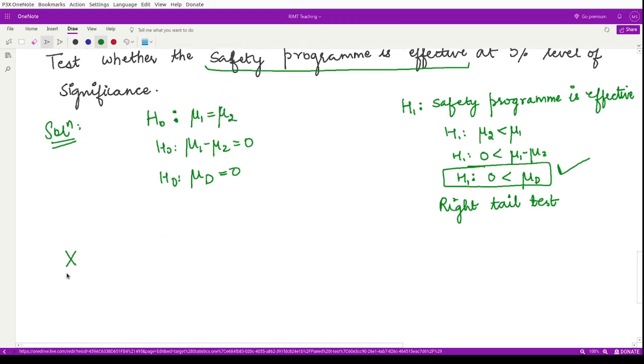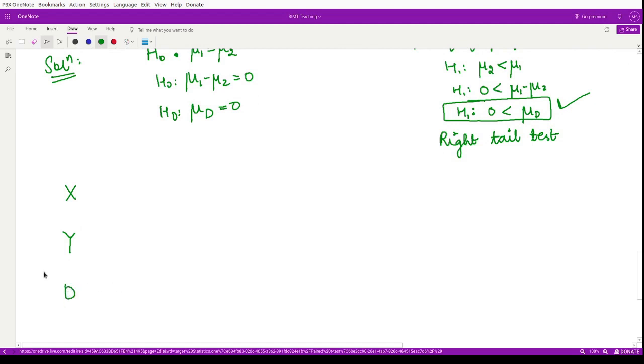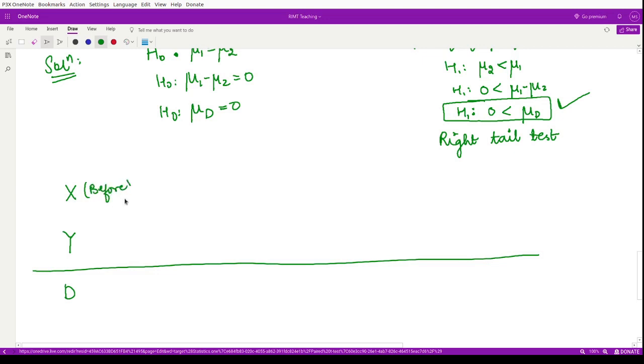We are to create another variable d out of the given data. So let me write down the given data once more. For x we are writing it before the program, for y we are writing it after the program. So we have 45 here, 36 here. Let me first write down the data.